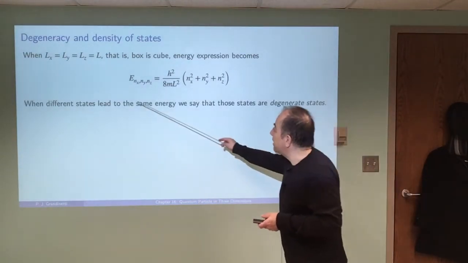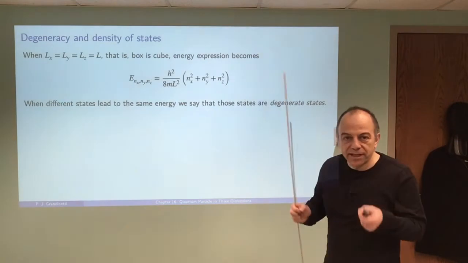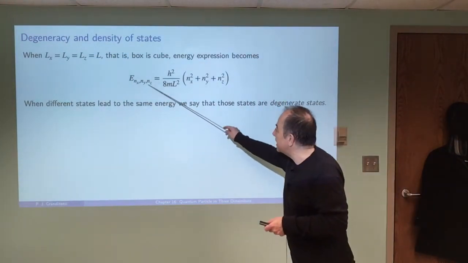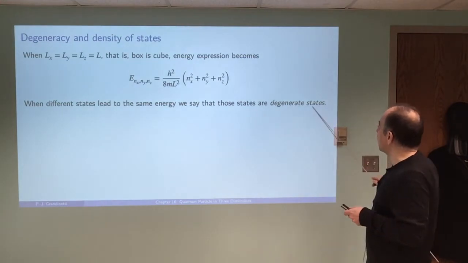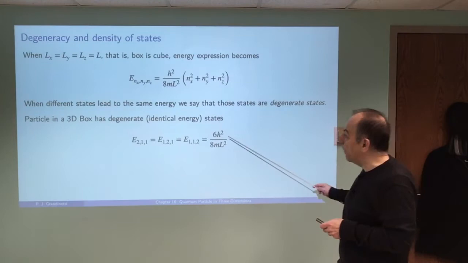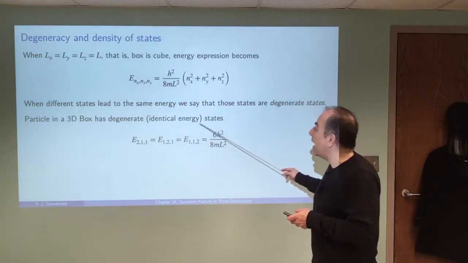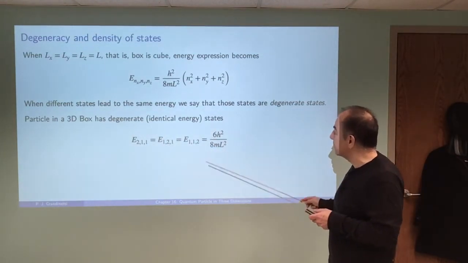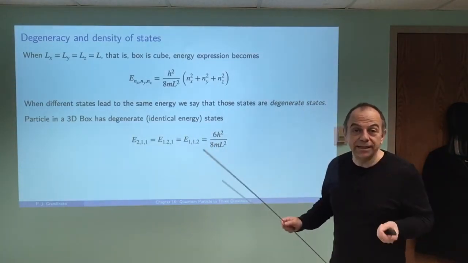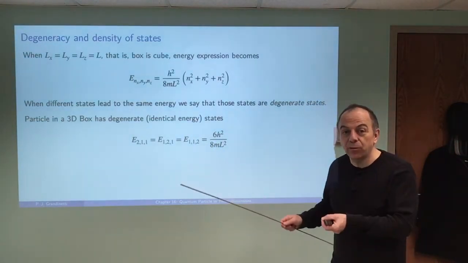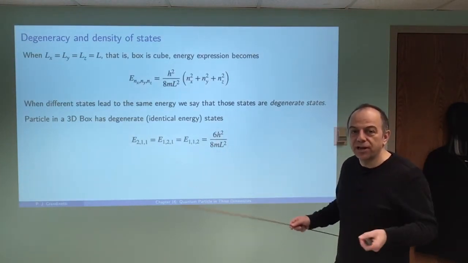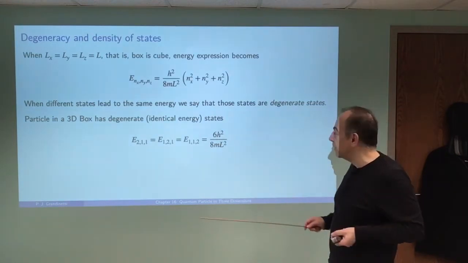Whenever different states with different values of nx, ny, and nz lead to exactly the same energy, we say that those states are degenerate. So a particle in a 3D box will have degenerate or identical states, and this is not something that we would see in 1D. It's only when we get to 2D and 3D that this type of behavior of degenerate states shows up in our particle in an infinite well.